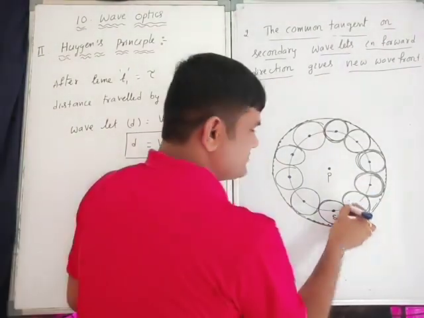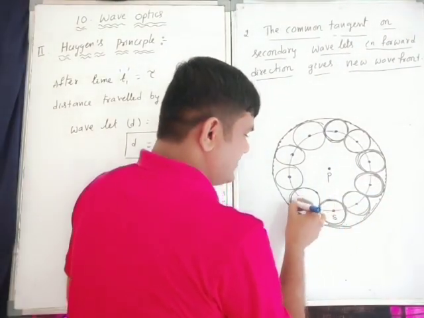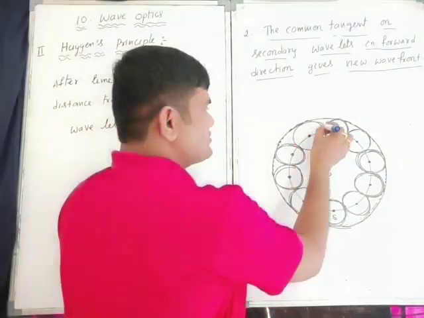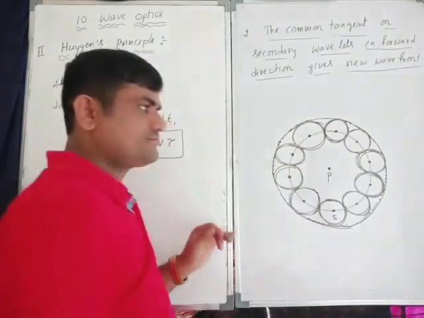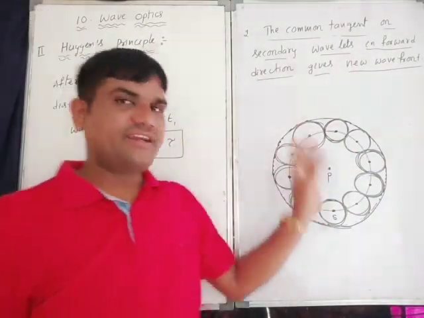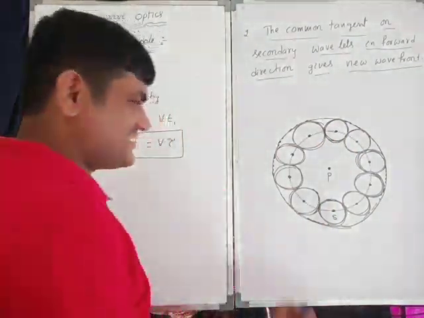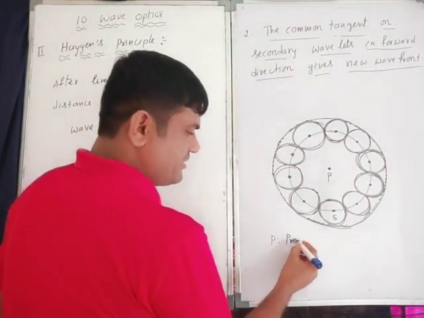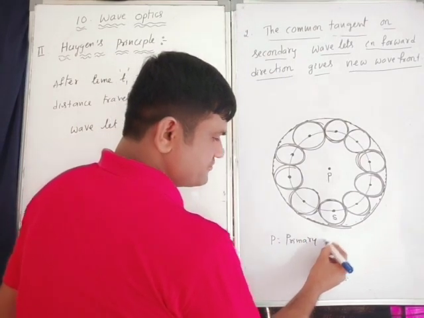But one condition, remember here: the secondary wavelets we can represent as a sphere. This word is most important. Secondary wavelets. So this is the primary source.